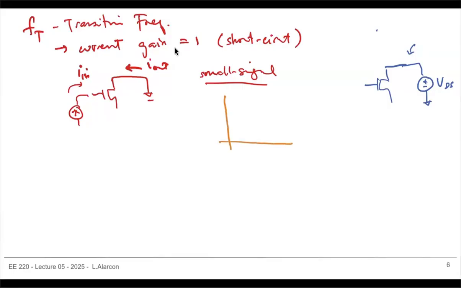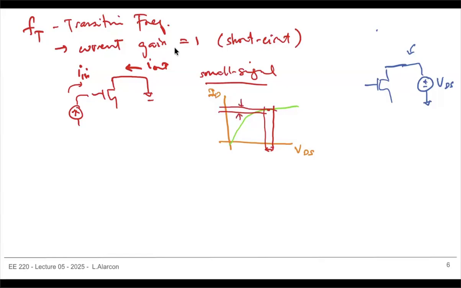In small signal, the output characteristic, VDS versus ID, looks something like this. In small signal, what we really want is, if I change this by a small amount, how much will this change?